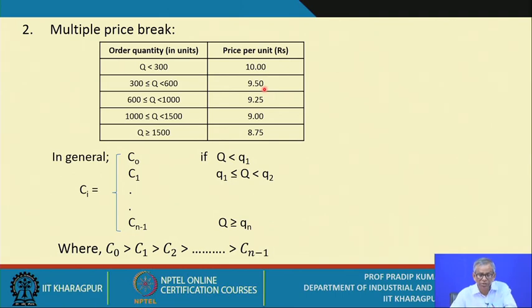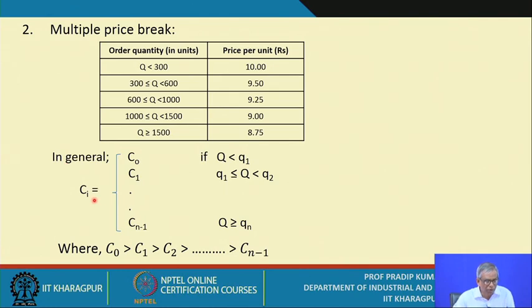So, these prices are offered to you. If the order quantity is 600 and up to less than 1000, that means say 999, the price is this. Same rule you follow, and ultimately if the order quantity is greater than or equal to 1500, that means 1500 or more, the price offered is 8.75 per unit.